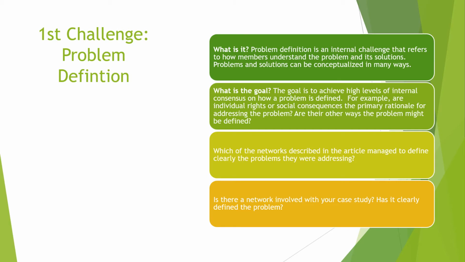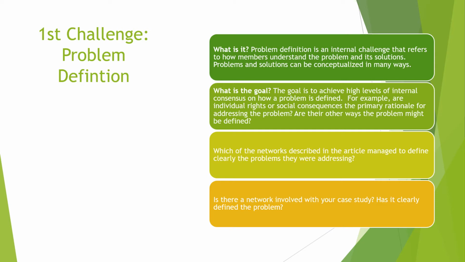So the first problem is definition, otherwise known as problem definition. And what is it? Problem definition is an inherent challenge that refers to how members understand the problem and its solutions. Problems and solutions can be conceptualized in many ways.